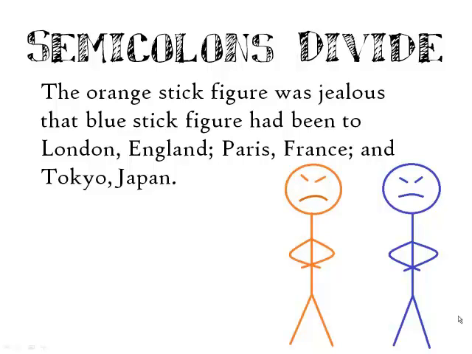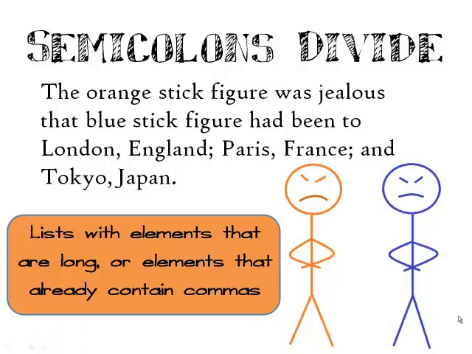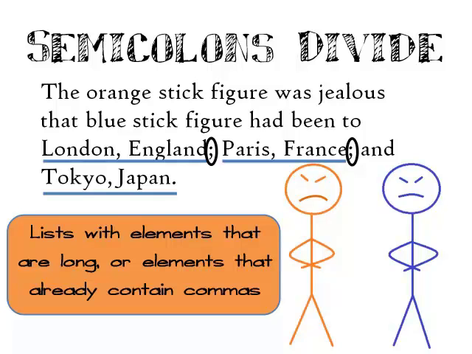And so to separate out each of these city-country units with another comma would make this confusing to your reader. And so that's why you insert semicolons instead. So we're just going to put one in between each of our 3 units. Now most lists don't already have units with commas in them, so you won't really need to use a semicolon in this way all that often. But it's still a good technique to know about in case you ever have a list that looks like this.